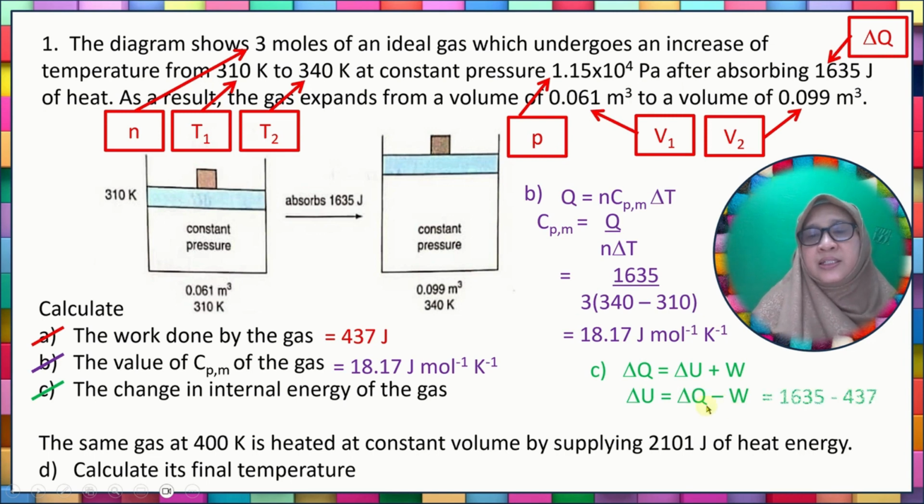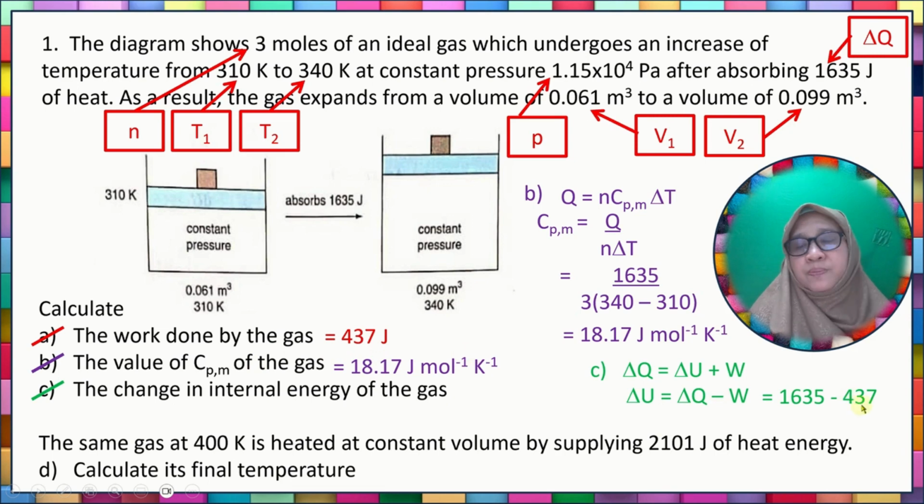Change in heat is positive because the heat is absorbed, right? So positive 1635 minus the work done, 437 from question A, work done by the gas. Work done is positive because it's by the gas.